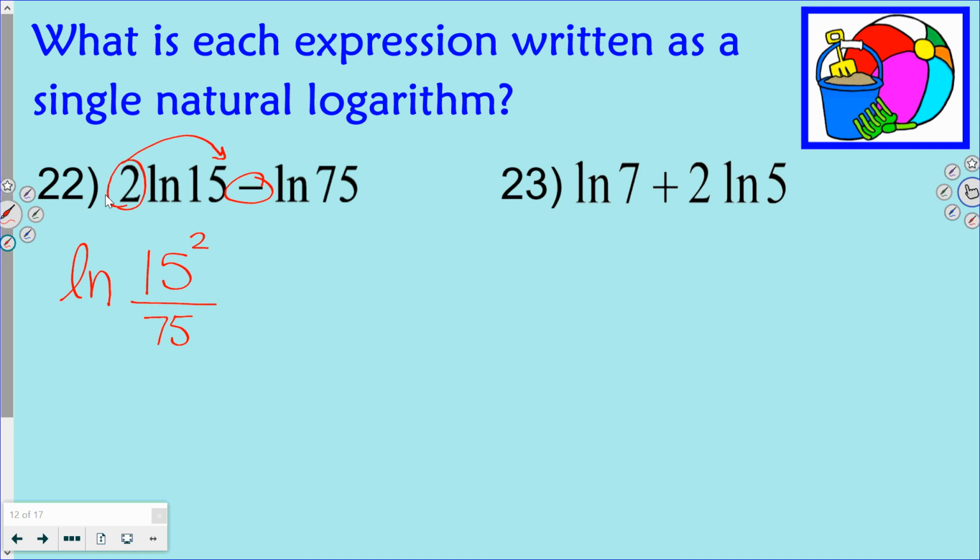Would you stop there? No. What's 15 squared? Is that 225? Can you simplify 225 over 75? It becomes what? 3. Well, that looks much nicer.